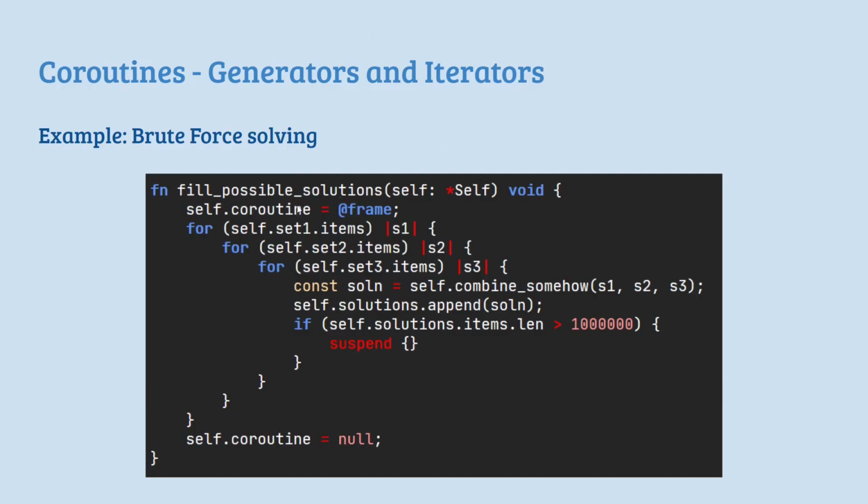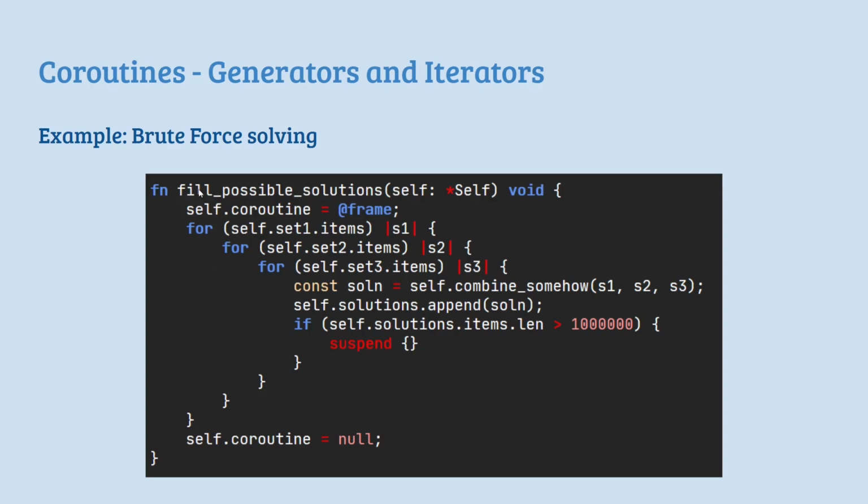One example of using generators and iterators would be for brute force solving. For example, in my use case, I have a puzzle game where the number of possible solutions is on the order of magnitude of 7 or 8. So each solution takes up a certain amount of memory, right?